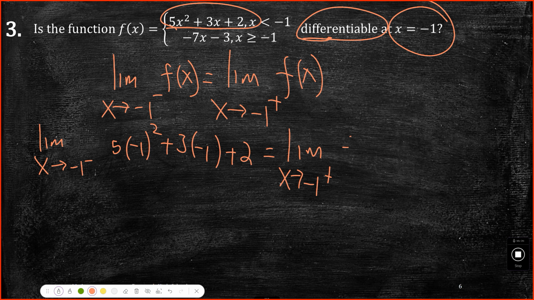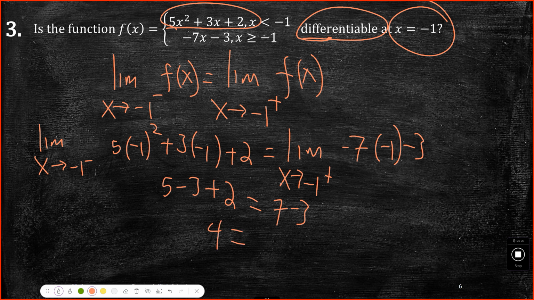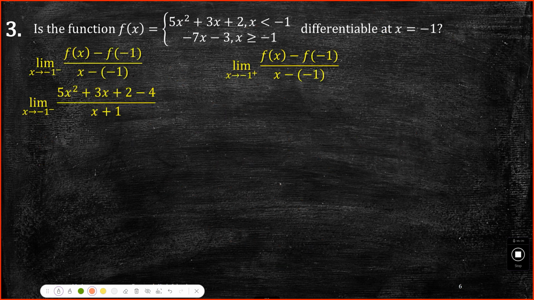And you're going to plug in negative x, x is negative 1, minus 3. It has to be true. So that's going to be 5 minus 3 plus 2 has to equal 7 minus 3. 5 minus 3 is 2. 2 plus 2 is 4. And 4 is equal to 7 minus 3, which is 4. So that is true. So that would be differentiable at x equal negative 1.